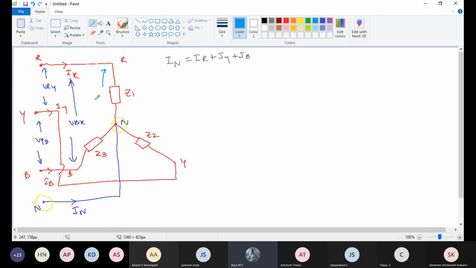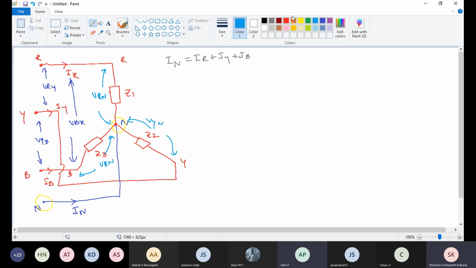It is the voltage between R and the neutral point, the phase voltage. The voltages across the phases, VRN, VYN, VBN, are the phase voltages.